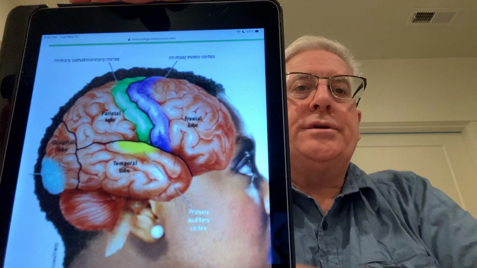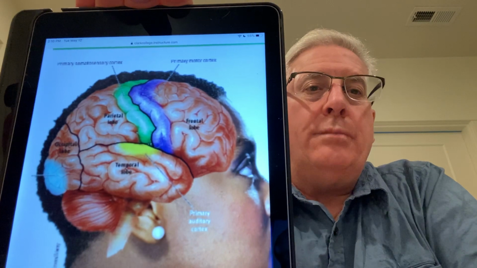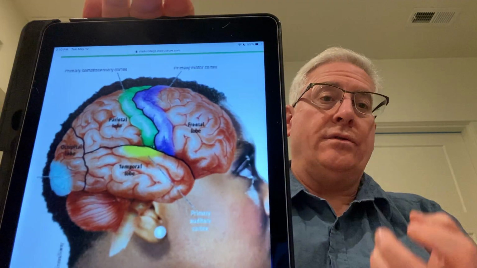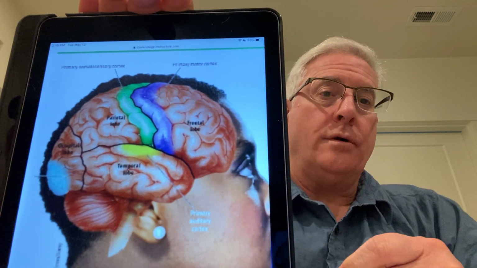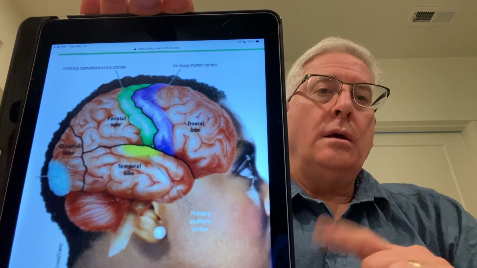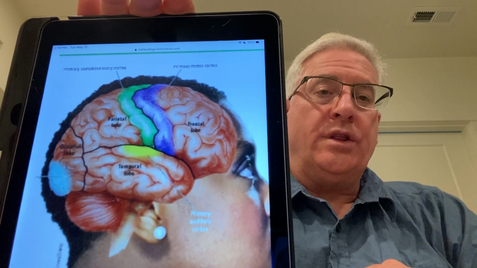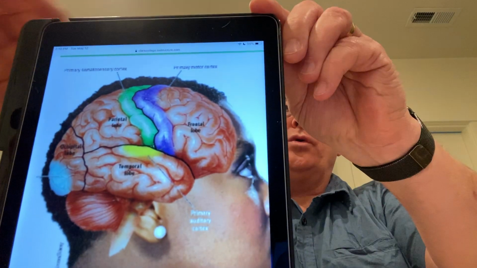The frontal lobe has the great majority of that association cortex, and associations are the foundations of thought. So therefore, you've got the frontal lobe doing the majority of your reasoning or the majority of your thinking.